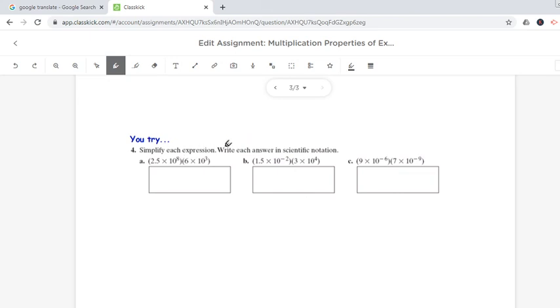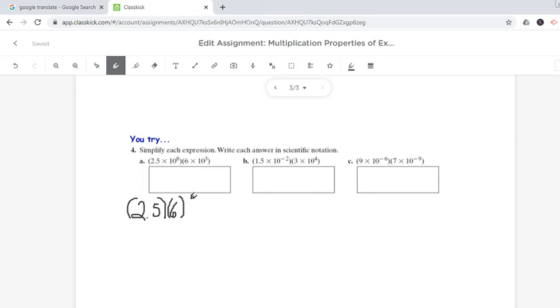Simplify each expression, write each answer in scientific notation. Okay, so what we need to do is put the numbers together. So 2.5 times 6.